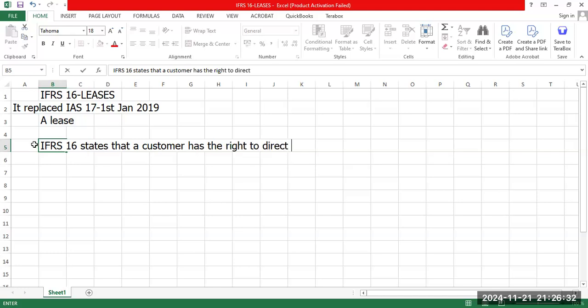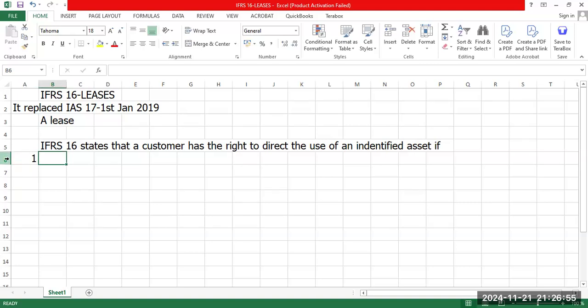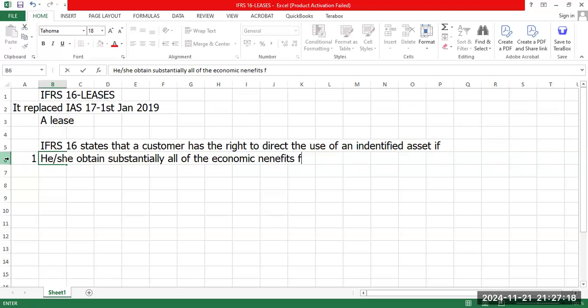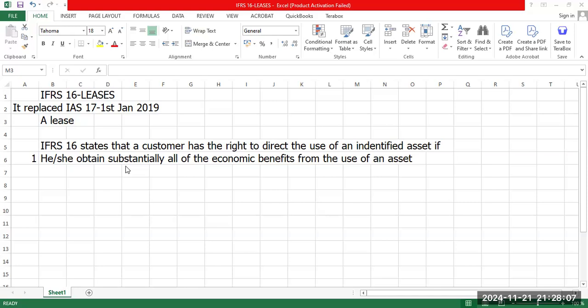IFRS 16 states that a customer has the right to direct the use of what we call an identified asset if, number one, he or she obtains substantially all the economic benefits from the use of an asset.